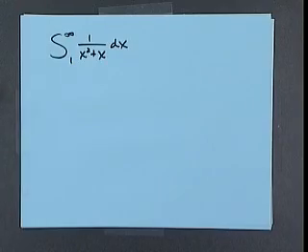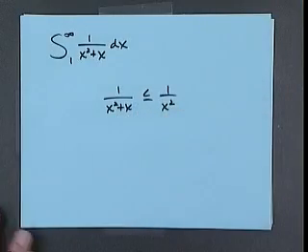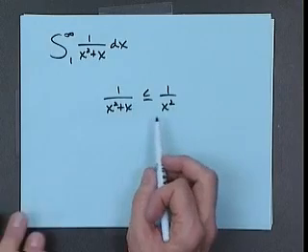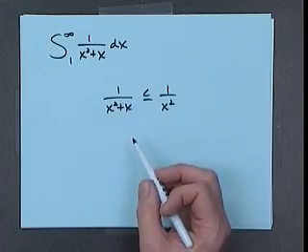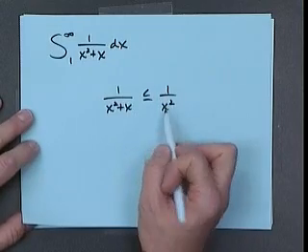Do we have anything that we've made a decision on that is similar to this that we know for a fact converges, and this function is in fact smaller than that? 1 over x squared. There we go. So isn't this smaller than 1 over x squared? Smaller means it has a larger denominator, right? So if we take this term and add something to the denominator, it makes it smaller over this entire interval from 1 to infinity.